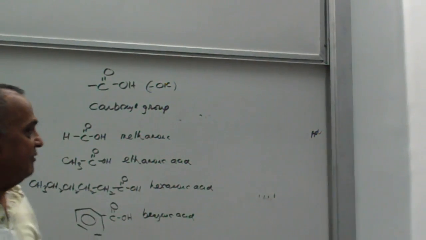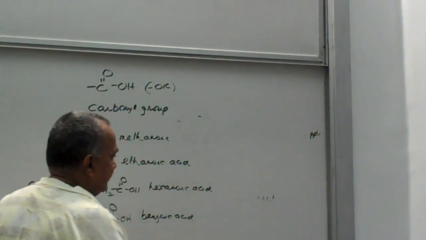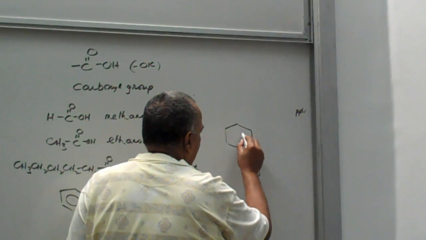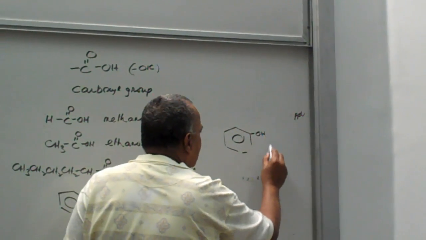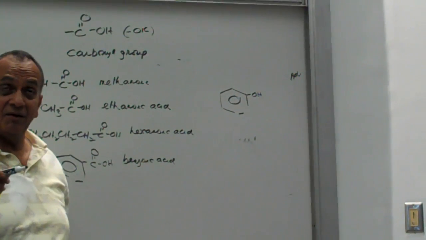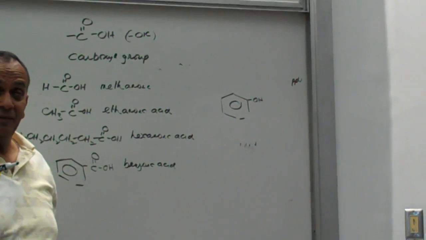Now, one thing I forgot to mention. Please remember, if I have an OH group attached to a benzene ring, it's not called an alcohol. What's it called?